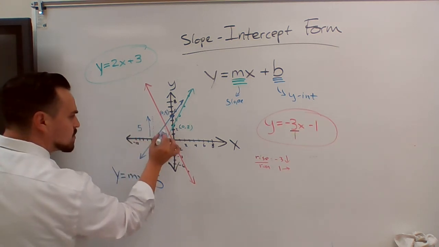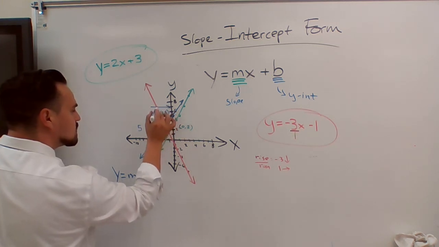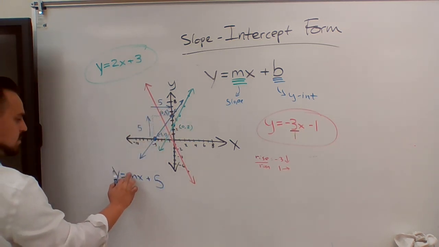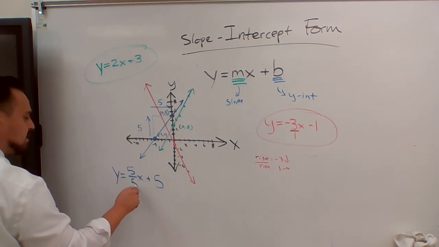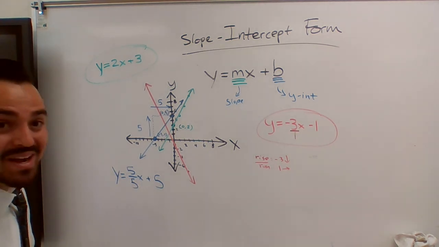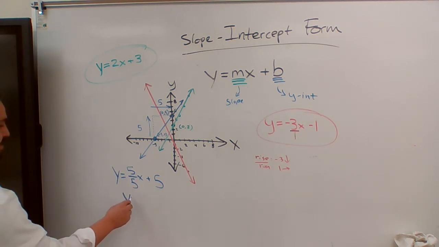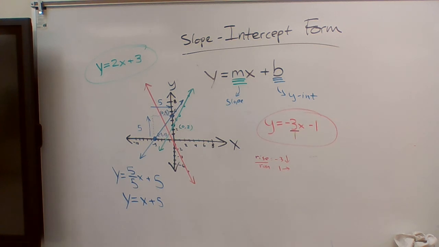And then we go to the right, also 5. Well, looks like our slope is 5 over 5, which reduces down, because any number divided by itself is 1. So this reduces down to y equals x plus 5.